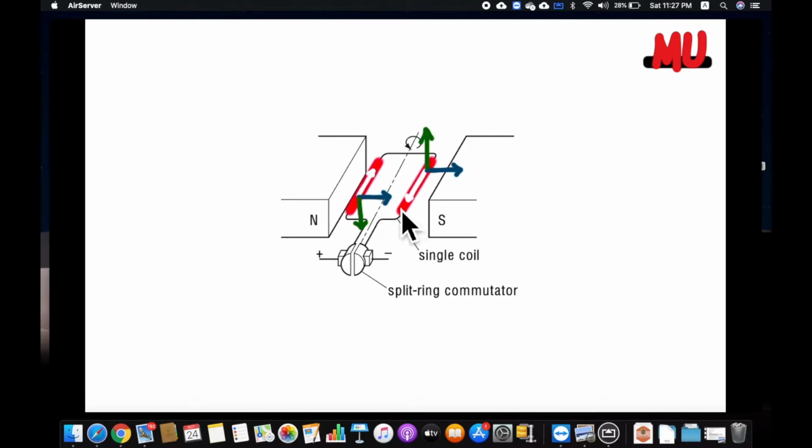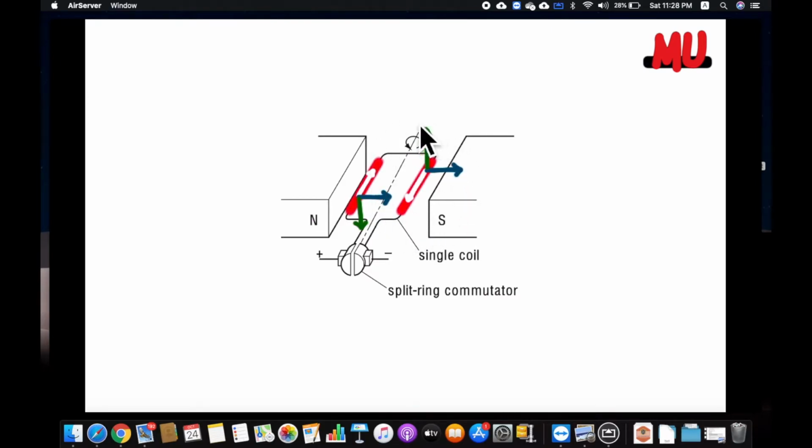We have a downward force here and an upward force here, and if we assume that this single coil of wire is free to rotate along this line, we can easily see a turning effect. Remember the moment of force. There is a clockwise moment due to these two forces, making the whole loop turn like that.